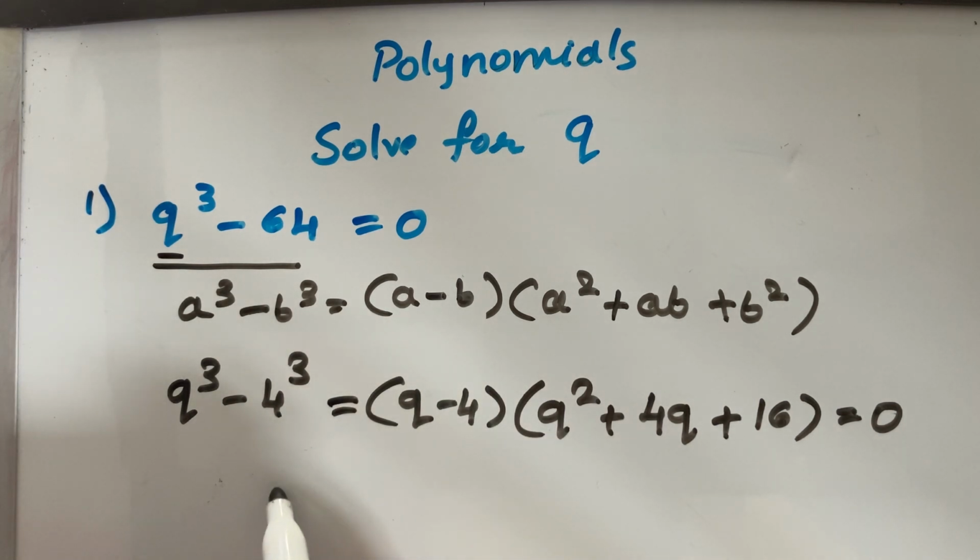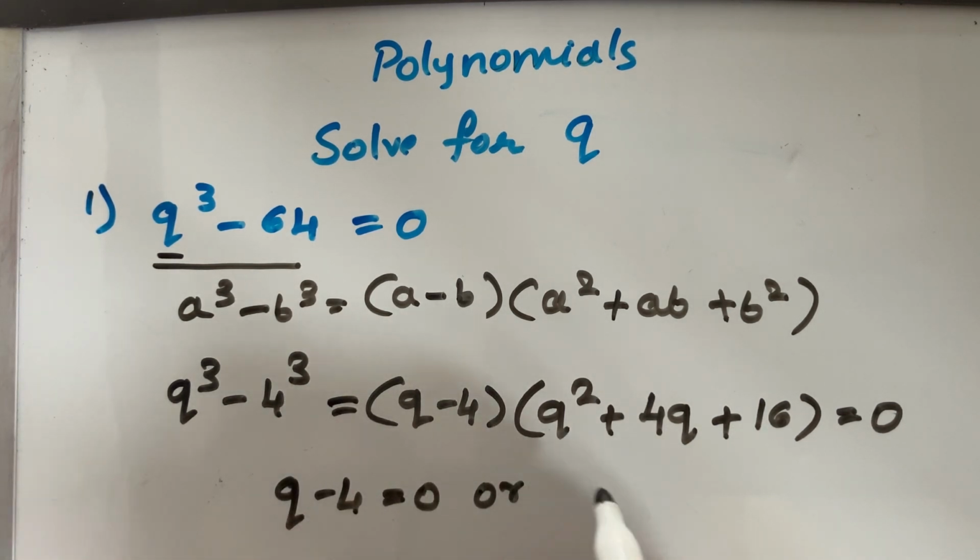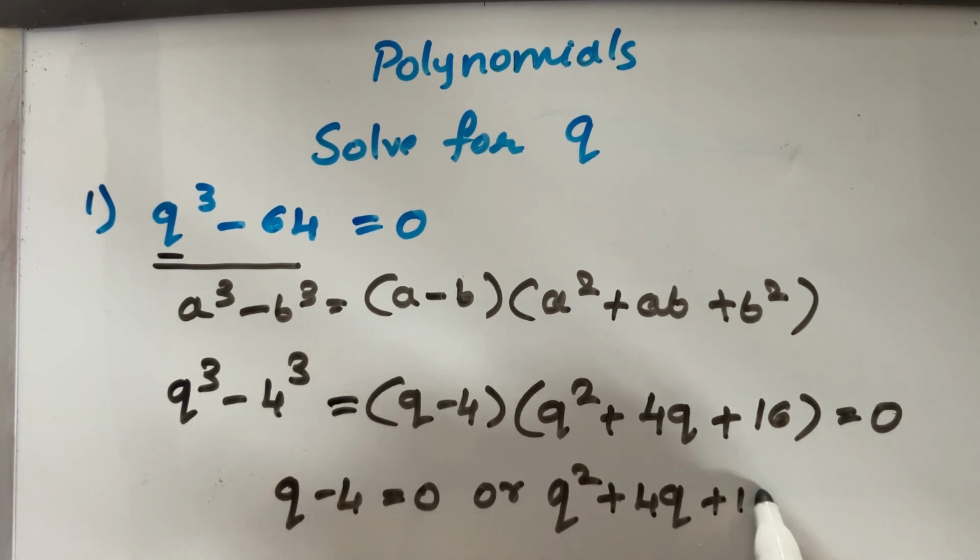Now either q minus 4 is equal to 0 or q square plus 4q plus 16 is equal to 0.